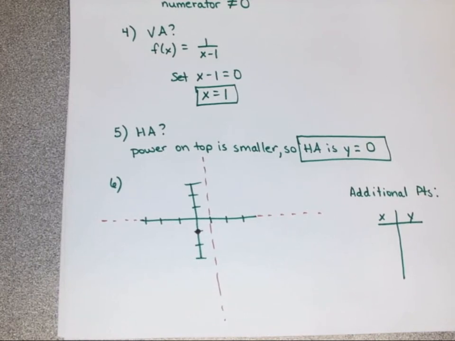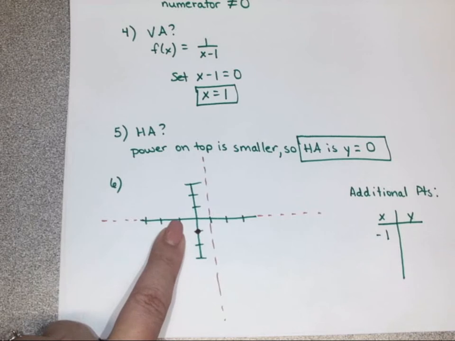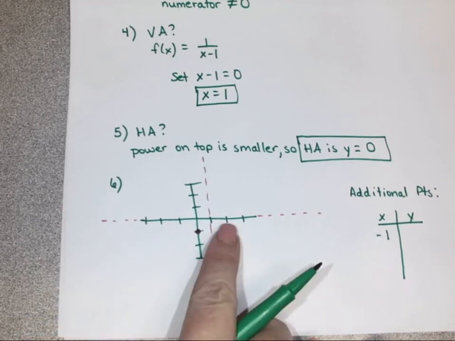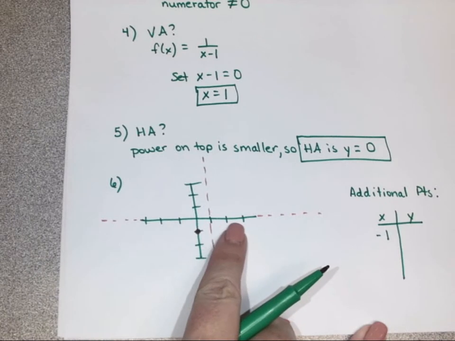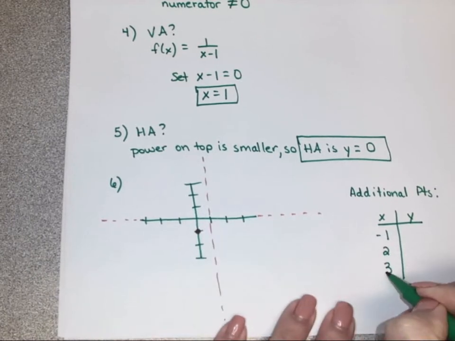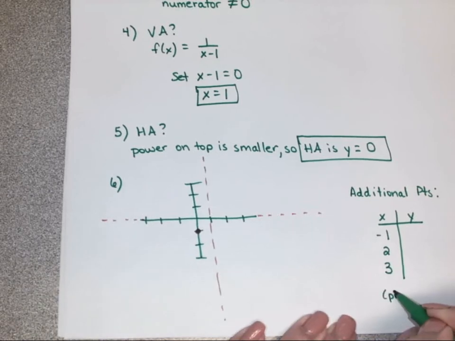But I would make sure you have a couple of points on either side of the asymptotes, right? So notice I know what 0 is. So maybe I'd like to know what -1 is, too. If I had -1, then I might be able to work with that. But then what about on the right side over here? You don't have anything over here, right? So what could you maybe pick? Maybe 2 and 3? I didn't pick 2 on the left because I had 1 point already, but I went ahead and picked 2 on the right. And I'm just going to say this, pick more if needed.